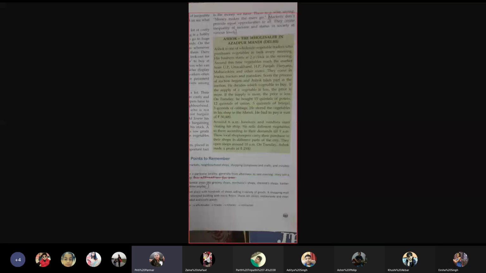So now in the summing up paragraph, they have told you that money makes the mare go, that the one who has money can move around more. So they are telling you that markets are not providing equal opportunities for all. The rich go to a better place, whereas the poor have to settle down for lower and cheaper goods in a weekly market or a local vendor's shop.